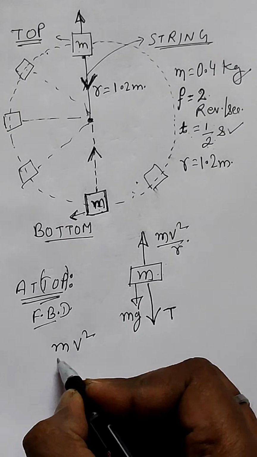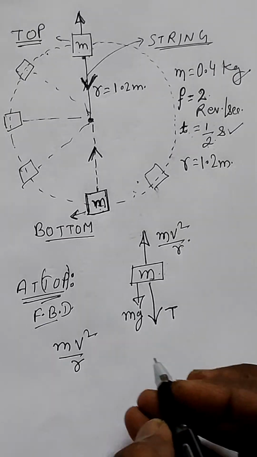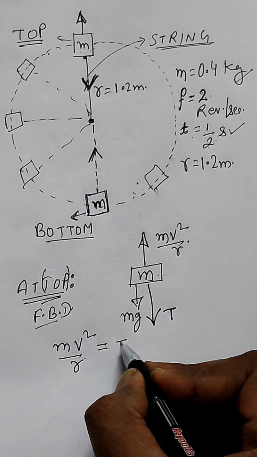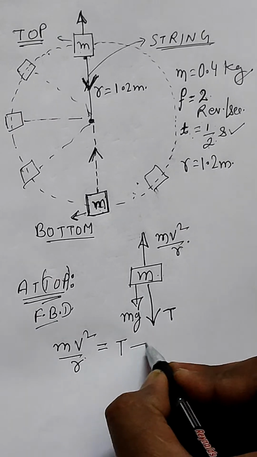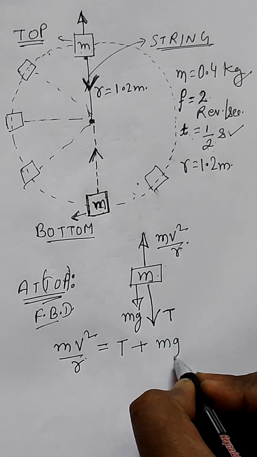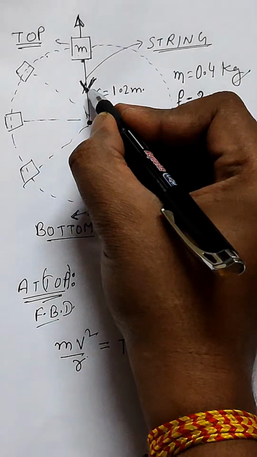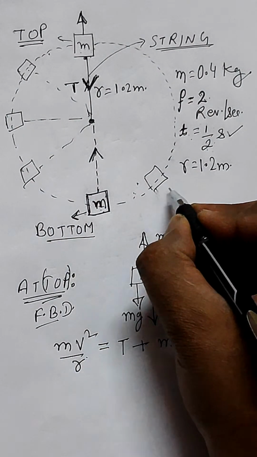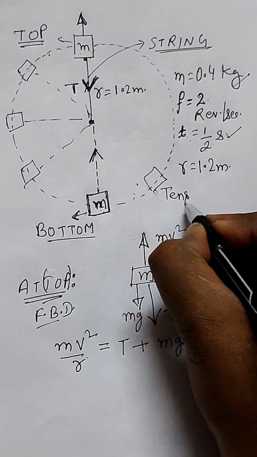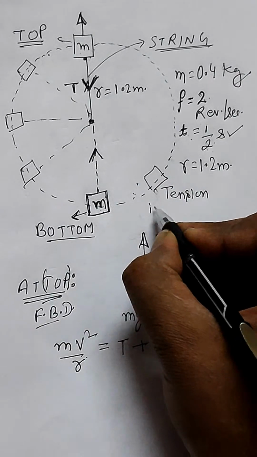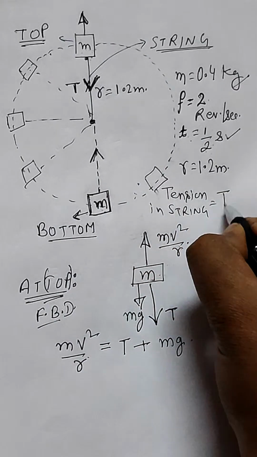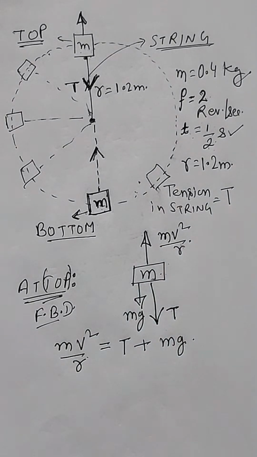mv square by r, right? This is the centrifugal force equal to T plus mg, right? This is the T, tension in the string. Tension in string is equal to T, right?